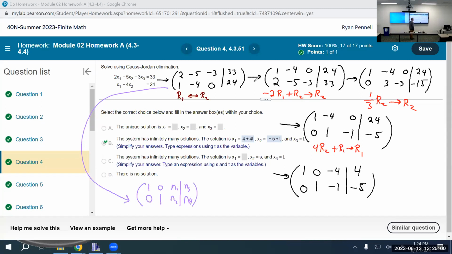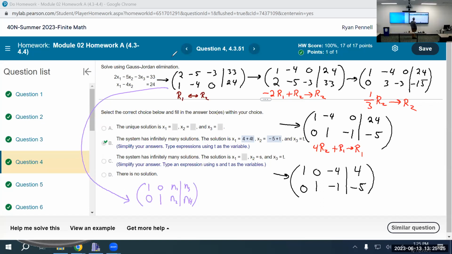Hopefully I did my arithmetic. So I think I did what I was supposed to do. I have my 1001. I have -4, -1, 4, -5.